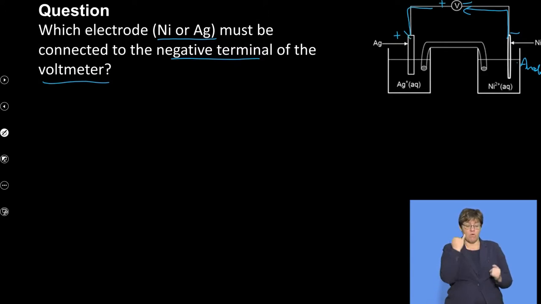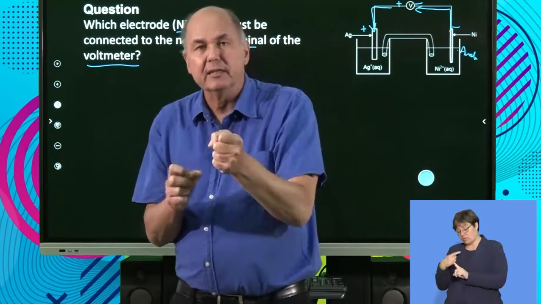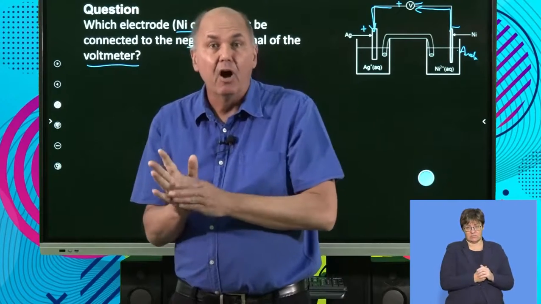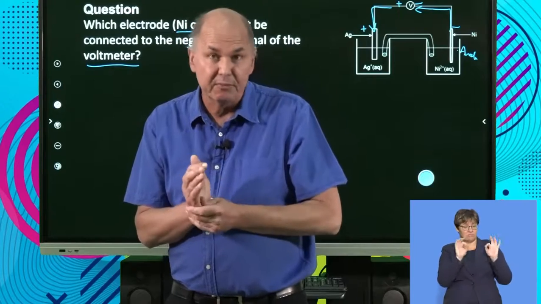If we connected the voltmeter in the incorrect way, then the reading on the voltmeter would be in the opposite direction. So as long as we connect the negative to the negative and the positive to the positive, we will get a positive reading on the voltmeter. If we connect them incorrectly, it will give us a negative reading. So we want to make sure we connect the voltmeter properly.